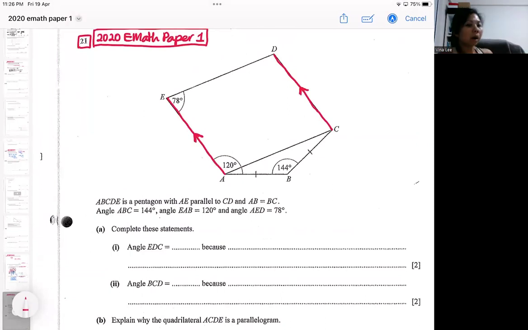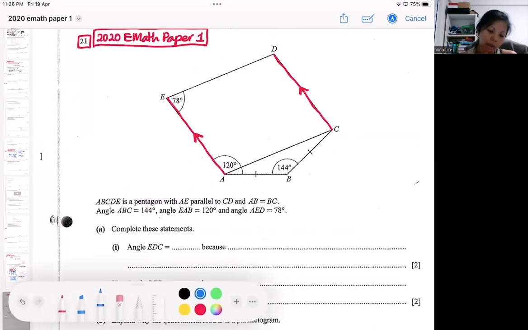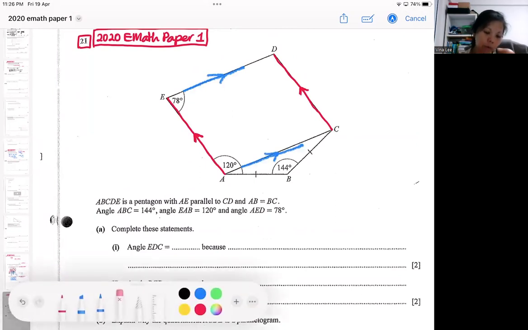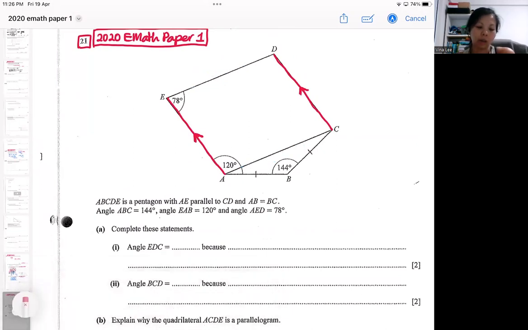Before I go through this question, just a word of reminder first. There is only one pair of parallel lines in this question. A lot of you will be thinking that this is also parallel to this because it looks parallel. A lot of you will be tricked by ED being parallel to AC.